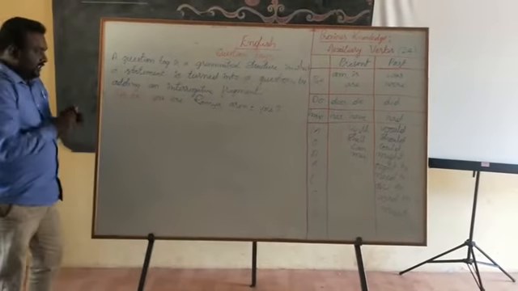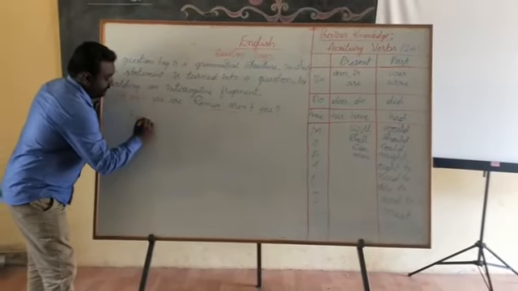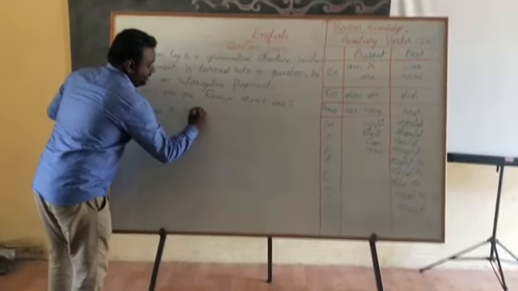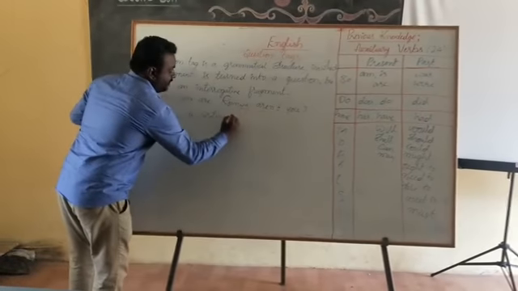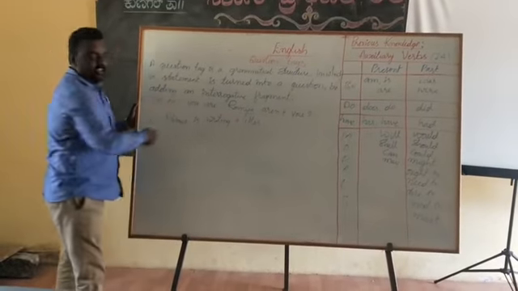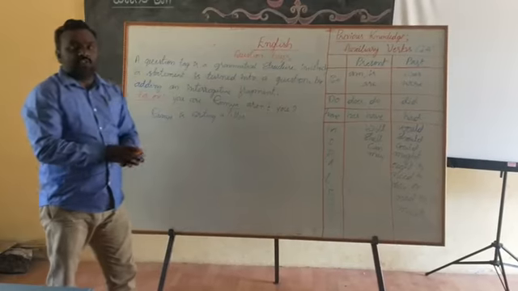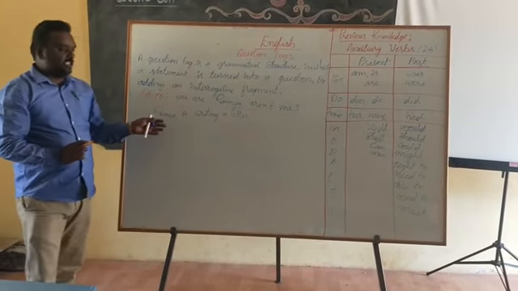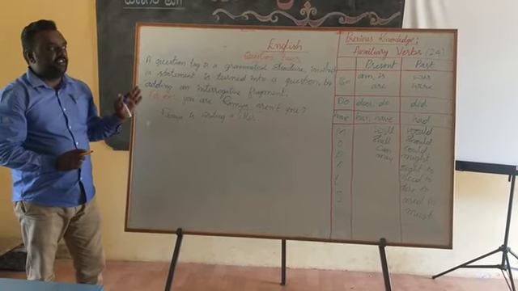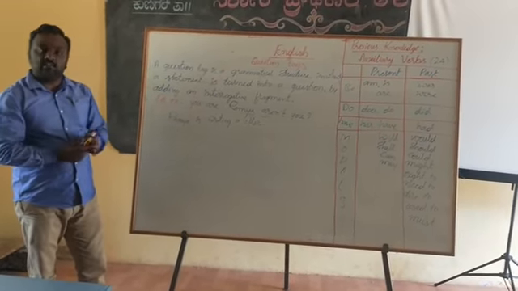Now take the sentence: Ramya is writing a letter. It is a simple statement or an assertive sentence. First we have to identify whether the sentence is a positive statement or a negative statement.